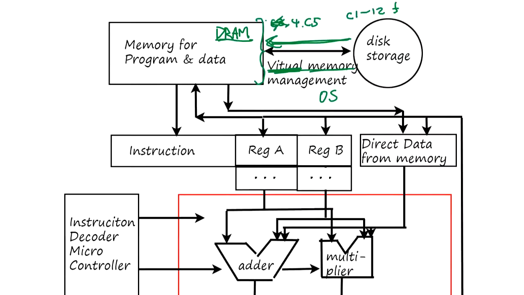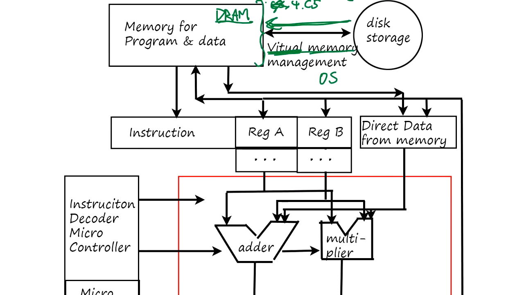Now, from memory to inside the CPU, each memory location contains an instruction to execute the program. The machine code is like 64-bit, and some of the bits hold the instruction, like add two numbers, multiply, or move the data.